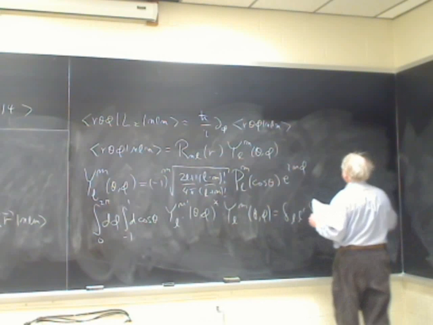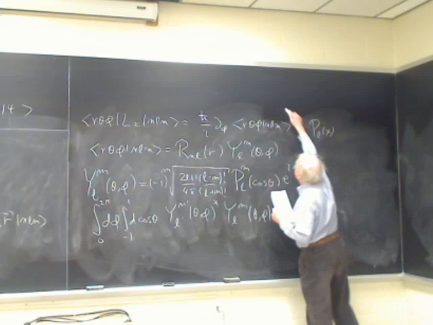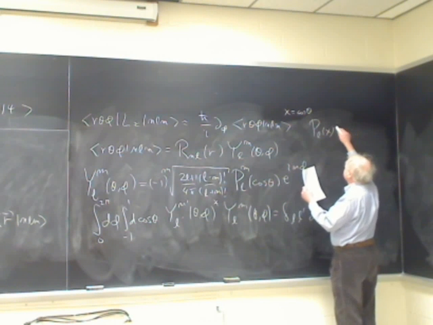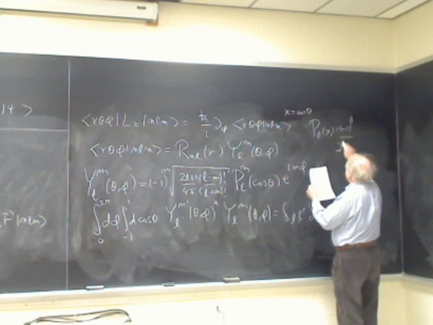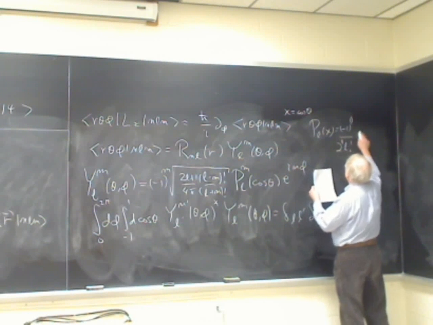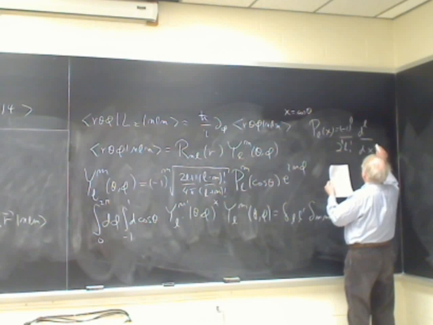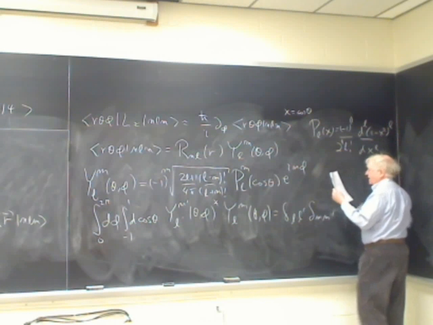First of all, there is the Rodrigues formula. P_l of x, here x is cosine theta, P_l of x is minus 1 to the l over 2 to the l l factorial, the lth derivative with respect to x of 1 minus x squared to the l.